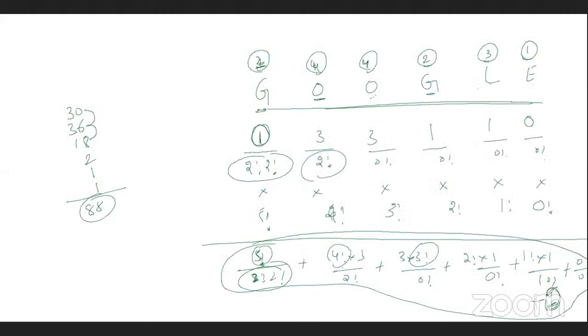In the last you should add 1. Here these values we are getting from multiplying these two. So after adding all the values, in the last we should add 1.